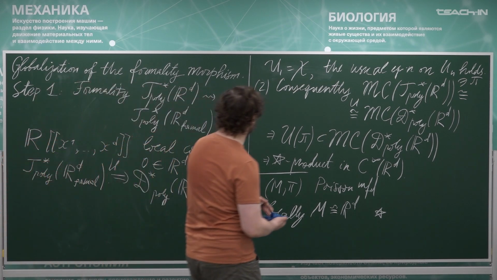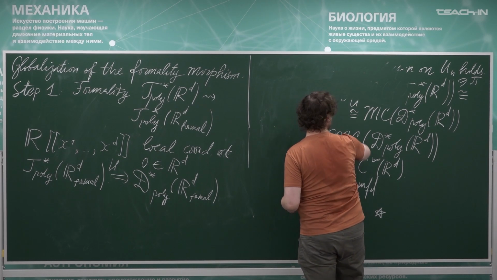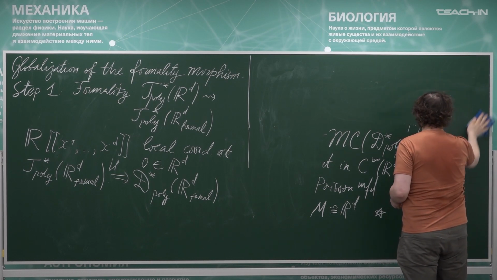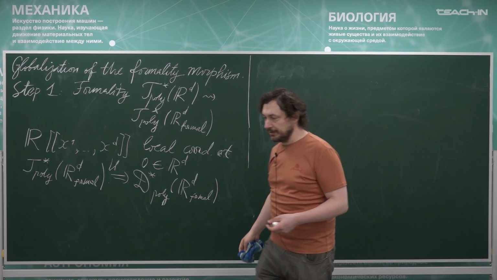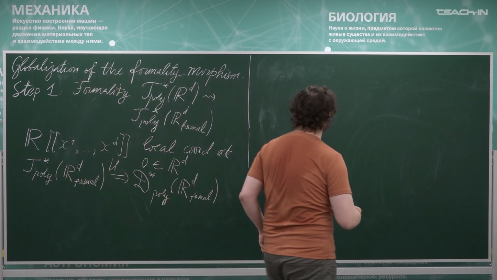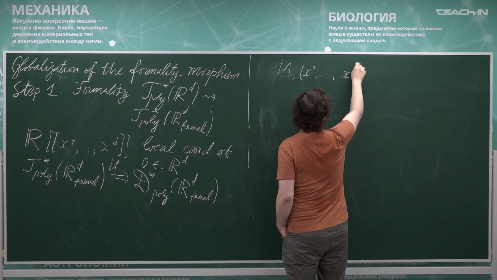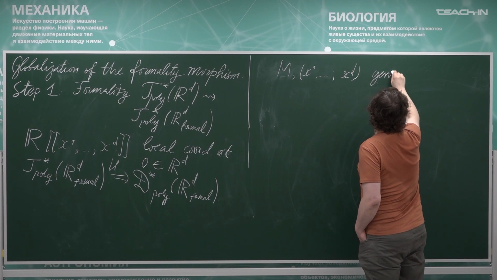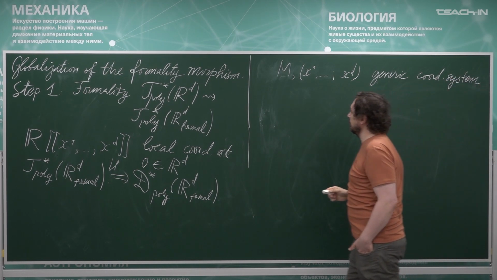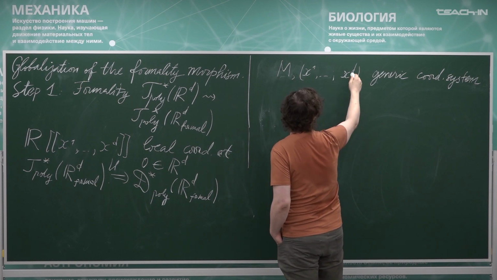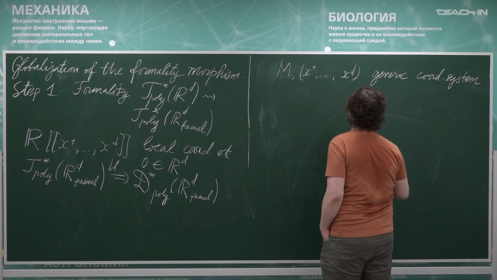Now, if we have a generic manifold M, and a generic coordinate system on M, we can apply this construction to the functions on M, localized, so to say, at any point, at the point where this coordinate system has the origin.